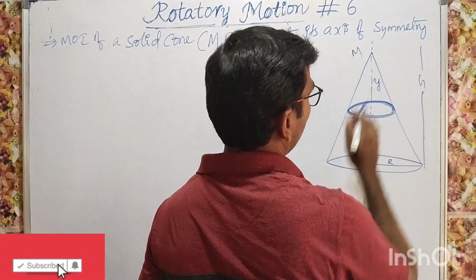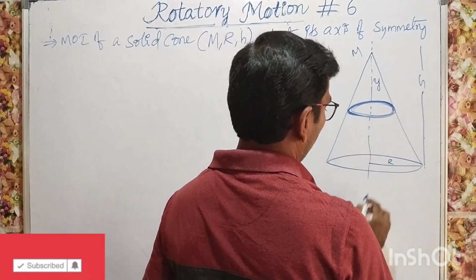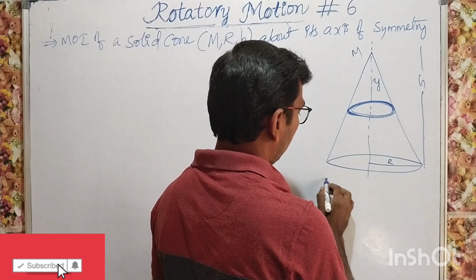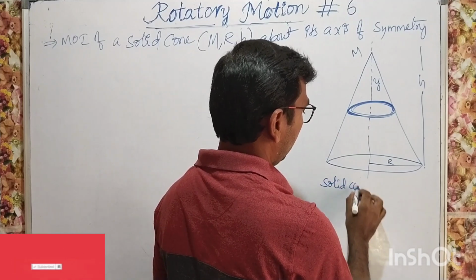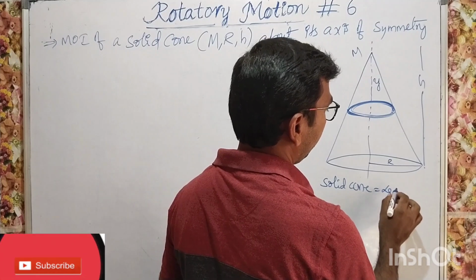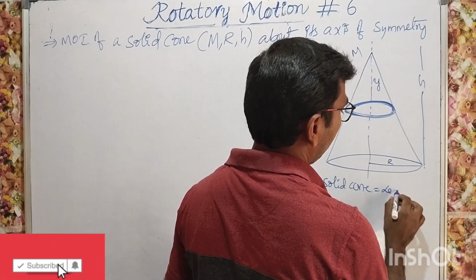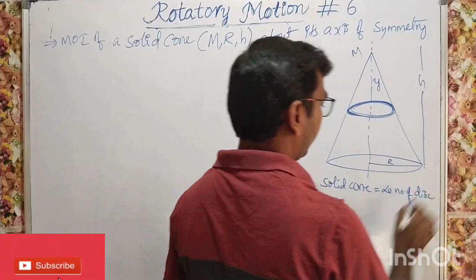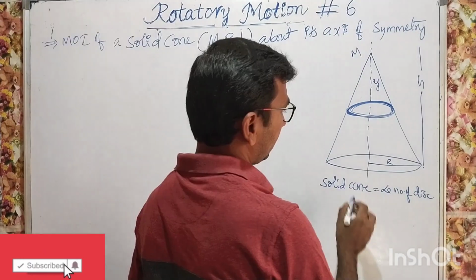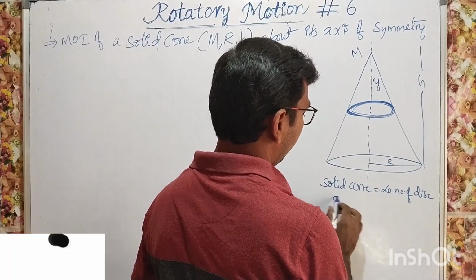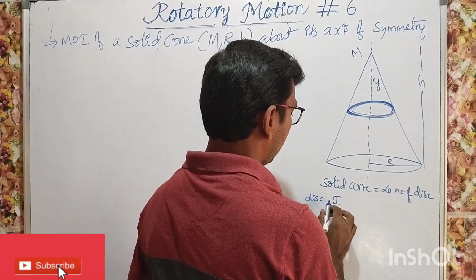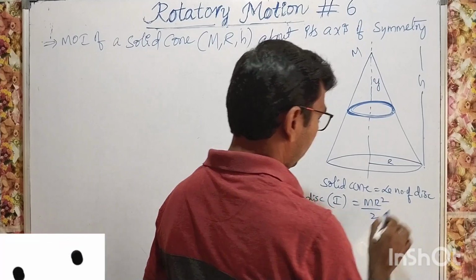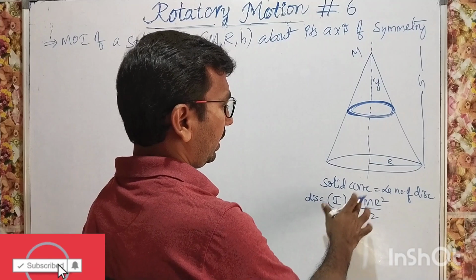So a solid cone is equal to an infinite number of discs. The disc moment of inertia is I equal to m r square by 2.